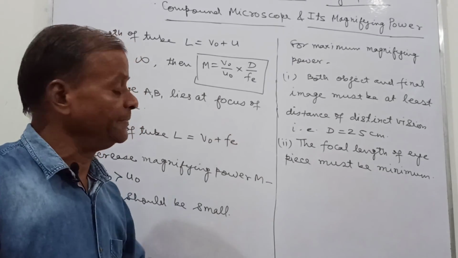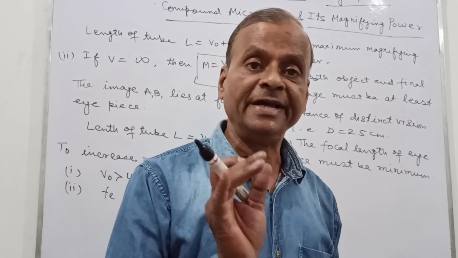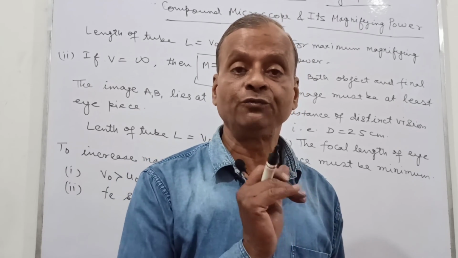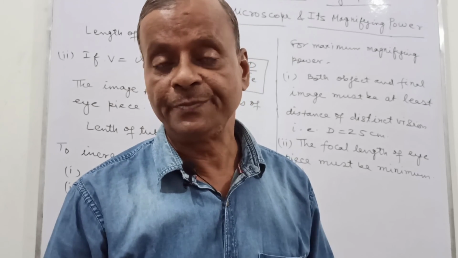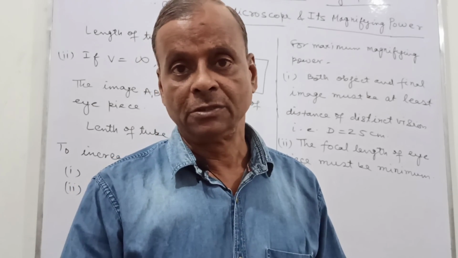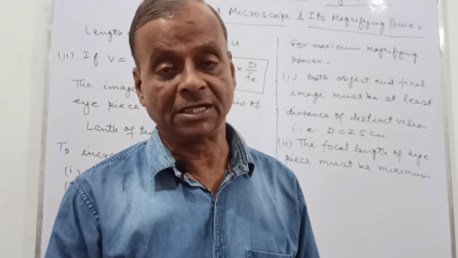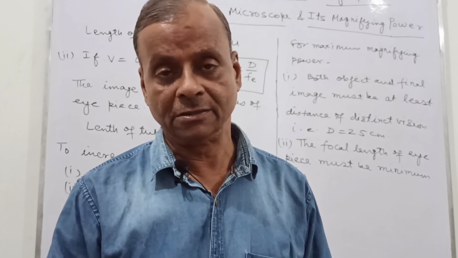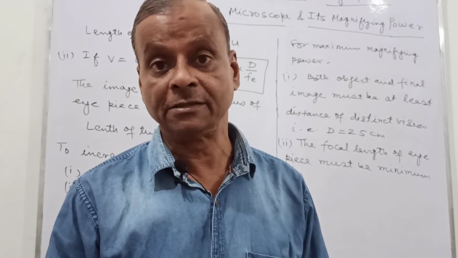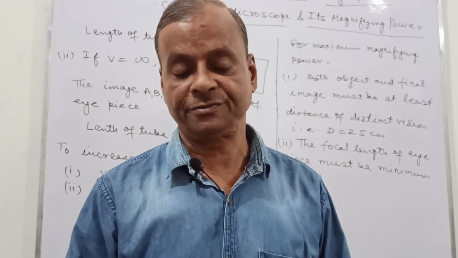We want maximum magnifying power so that we can see a very large image of a very small object. Only then can we study what is in the object. Suppose we are going to see a slide containing a cell, then this can be seen only when the image is very magnified.